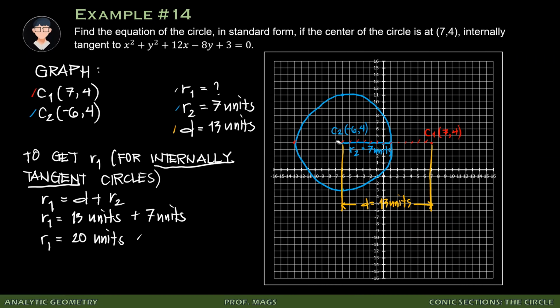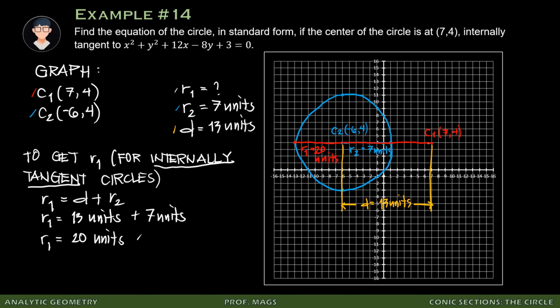So, hanggang dyan yung ating radius. Okay? Never mind na lang ninyo yung dalawang red na yan. So, that distance right there is our radius number 1, which is 20 units.